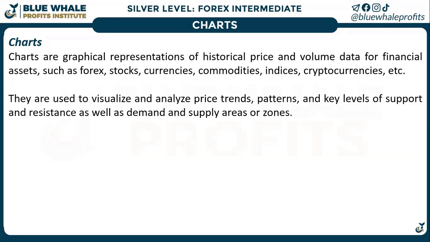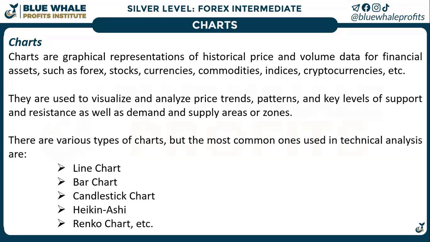So they are used to visualize and analyze price trend, patterns, and key levels of support and resistance, as well as demand and supply zones or areas. Okay, so these are some few examples of chart that we have: line chart, bar charts, candlestick charts, Heikin Ashi, Renko charts. These are few that we can even mention, right?